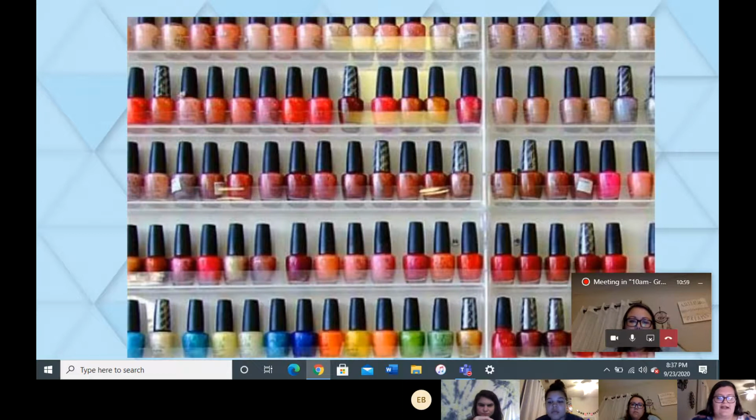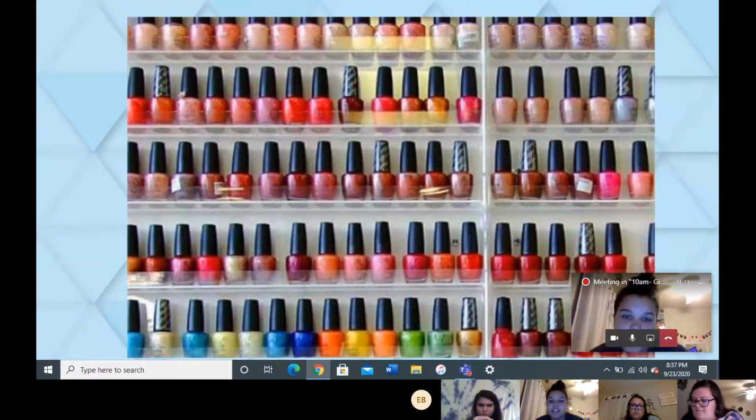Michaela, how would you go about categorizing these objects? By color. By the color? Okay. Why would you decide to categorize it that way? Because I think it would be easier to find if you had all the pinks in one place, all the reds in one place, all the oranges, blues, greens, all that. Okay.